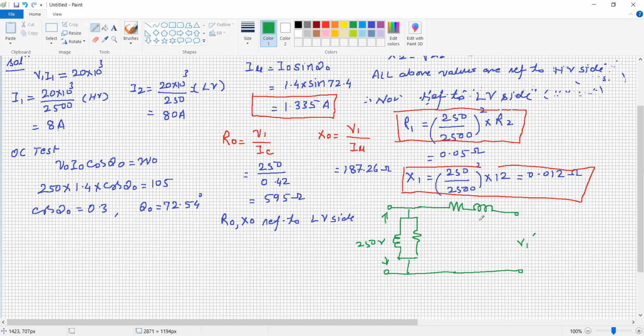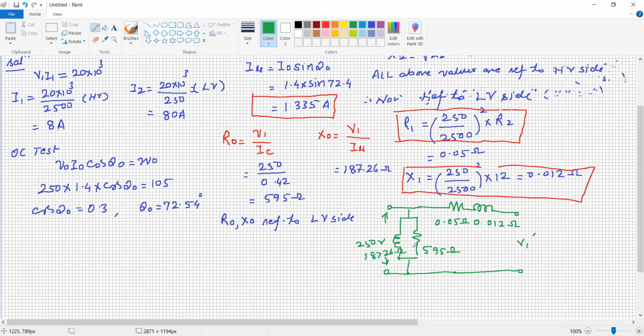Here it is 0.012 ohm, and this is 0.05 ohm. This will be 595 ohms and 187.26. So in this way, the data from the open circuit and short circuit tests is useful.